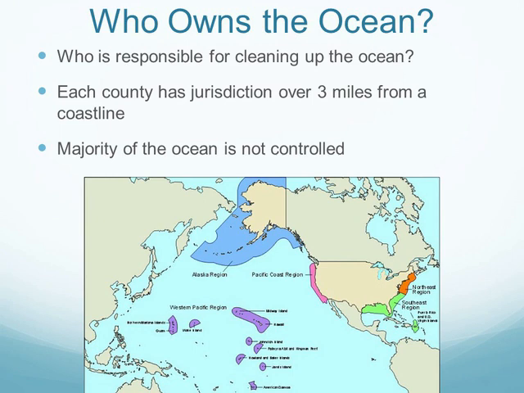We are responsible for the trash. We are responsible for the resources within that area. And no other country can come into our jurisdiction and say, oh, you need to do this, okay? But each country has this 3-mile jurisdiction, and there's a lot of the ocean that is not under a country's jurisdiction. So, again, I ask the question, who is responsible?